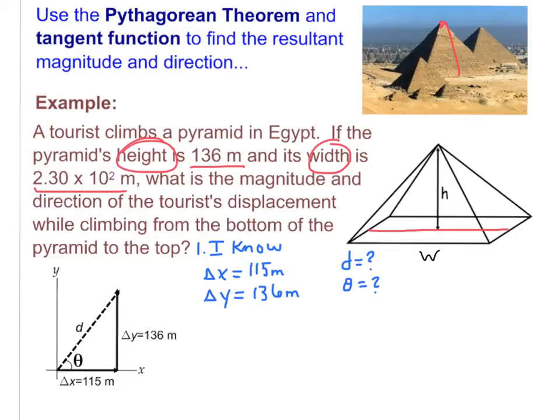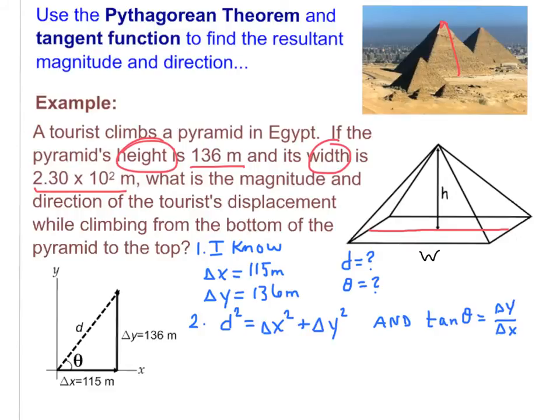I can get my delta y and my delta x really easily if I have my tourist starting point at the origin. And therefore, I'm just looking to find the magnitude of the displacement and then also theta here.